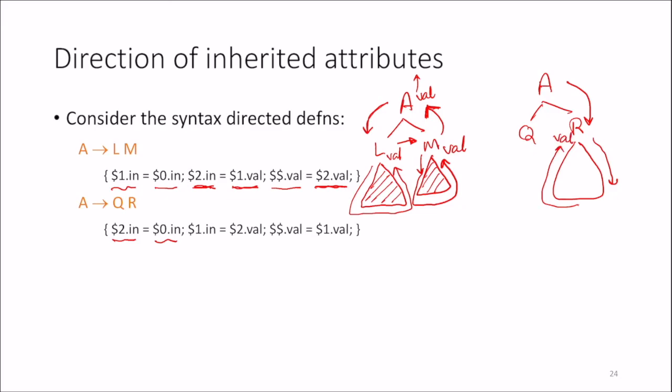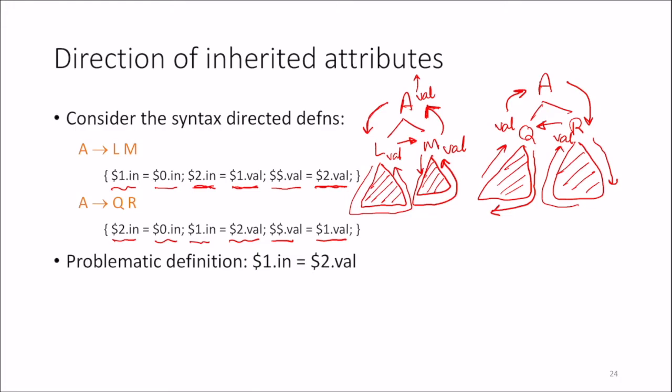And this value, this $2.val, is then assigned to $1, which then goes down to this parse tree. It's inherited and comes back up to give me a value here, which is $1.val, and then I assign it to its parent.